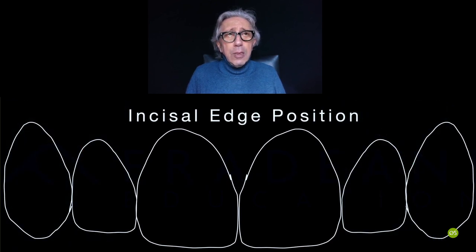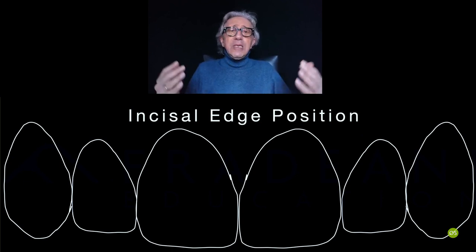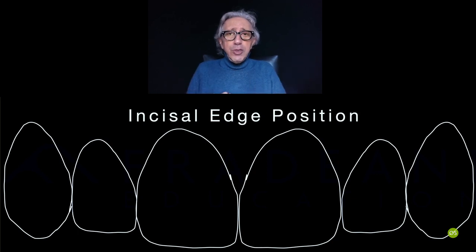And again, at this point, we have obtained an incisal edge position that is perfectly achieved, looking at the patient frontally and looking at the patient laterally. Both situations, the two visions, will be very important to decide where the incisal edge should be. And remember, the incisal edge position represents the starting point of your treatment plan when you are doing restorative.